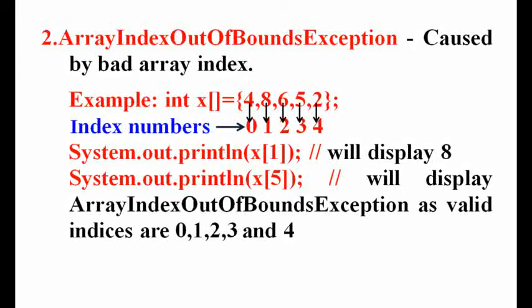So the valid index numbers are 0, 1, 2, 3 and 4. System.out.println x of 1 will display 8. System.out.println x of 5, which is a bad array index, it does not exist. Therefore, it will display ArrayIndexOutOfBoundsException.